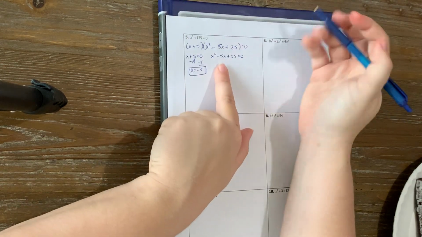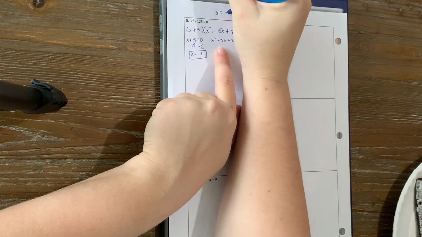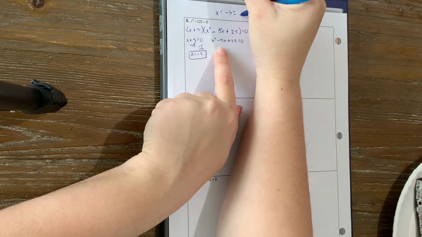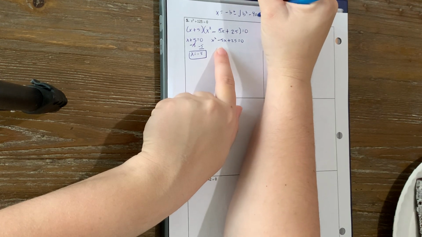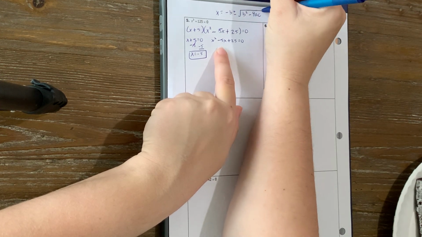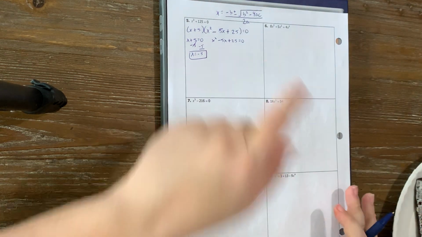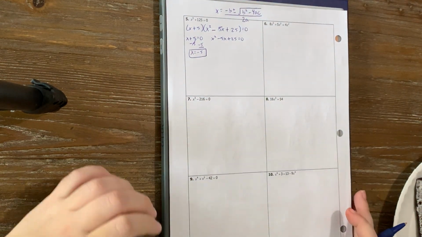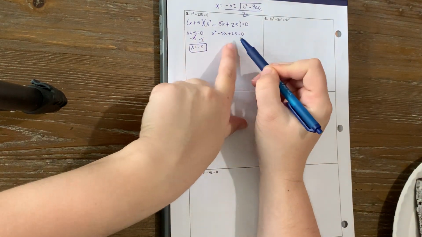Remember the quadratic formula is x equals -b plus or minus the square root of b squared minus 4ac, divided by 2a. So remember we have our a, b, and c.